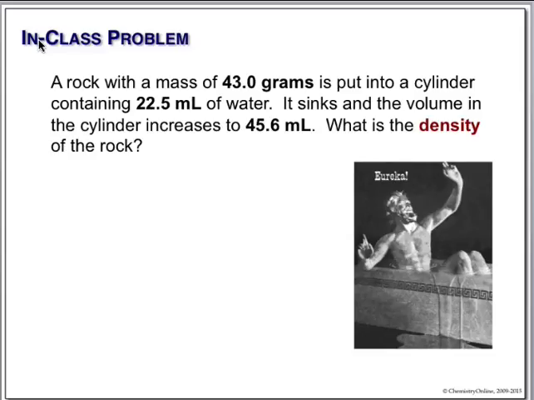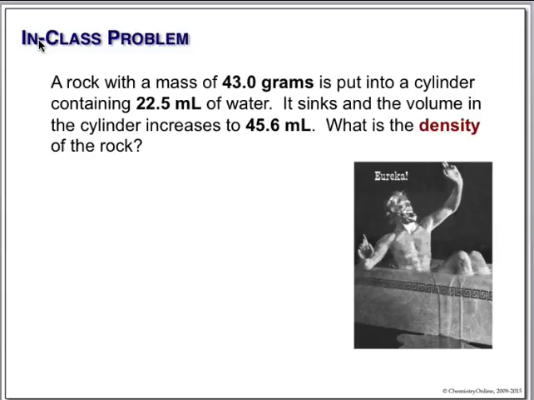So, the story goes that he was reclining in his bathtub one day, and as he sat down, water ran over the edge. And it's because, of course, it was displacing the volume of the lower half of his body.